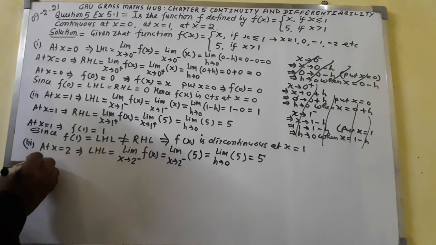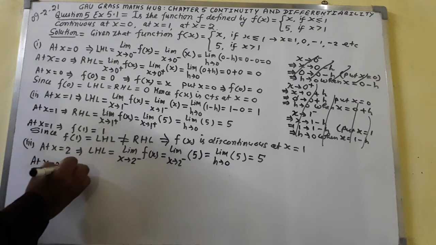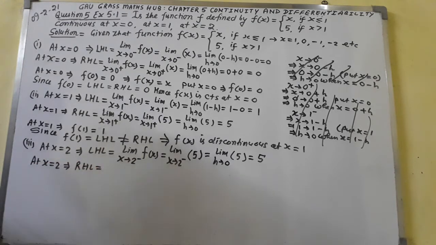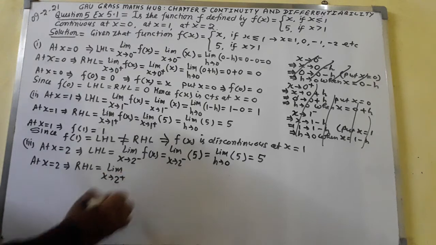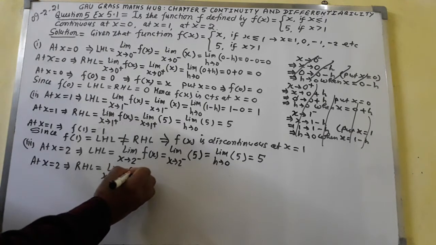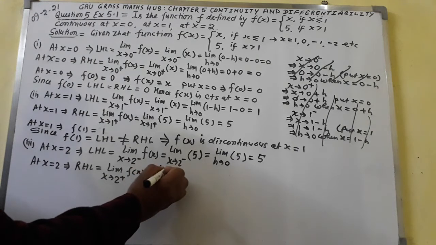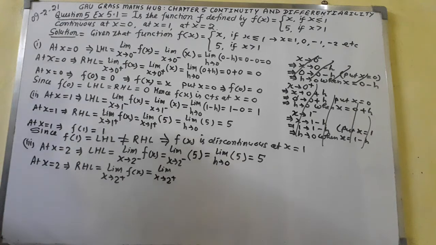Now at x equal to 2, I shall write the right hand limit: limit x tends to 2 positive f of x equal to limit x tends to 2 positive.